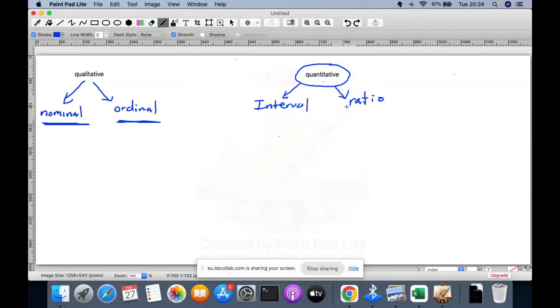I'll explain interval last. So you get ratio, and this ratio can be broken up into discrete and continuous. These are pretty easy to distinguish. So you get discrete and continuous.